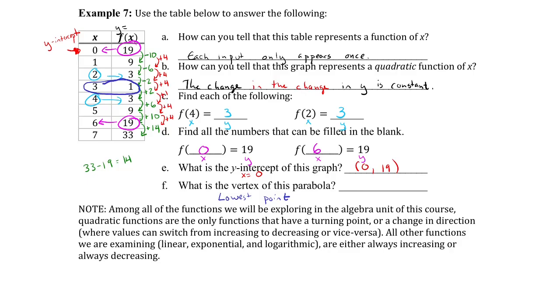So the outputs decrease from 19 to 1, and then they start increasing again. But it's also possible that the vertex isn't in our table at all. So with that in mind, we also need to check symmetry.